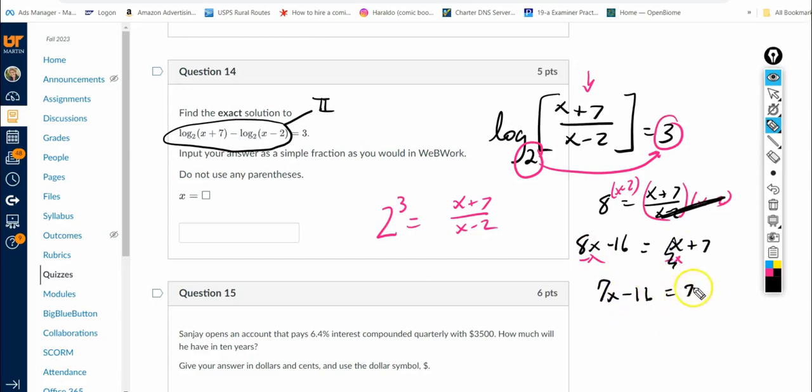And then I'm going to add 16 to both sides. And 16 and 7 is going to give me 23. And then I'm going to divide both sides by 7. So I should be getting 23/7. Okay. And that's an exact answer. It says to find the exact solution, so I'm going to put 23/7. I'm not going to use any parentheses.